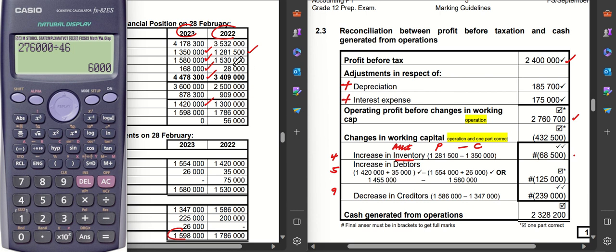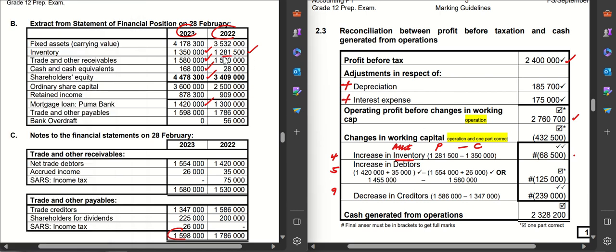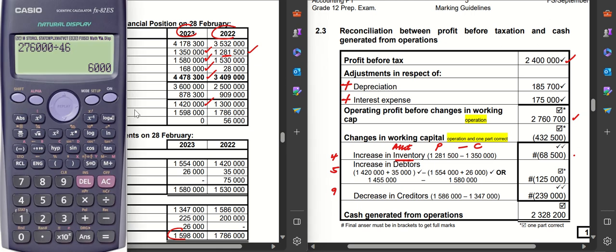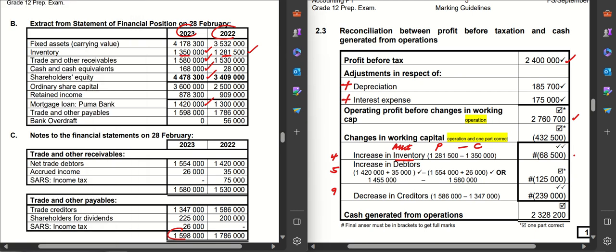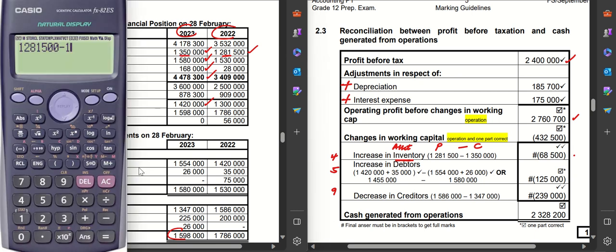You can see this is our previous year here. So I'm going to come here, I'm going to say our previous year was 1,281,500. So we're saying previous minus. Then we subtract the current year. The current year is 1,350,000. So the current year minus 1,350,000.